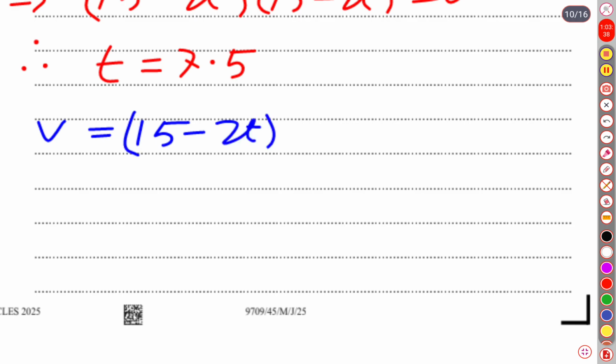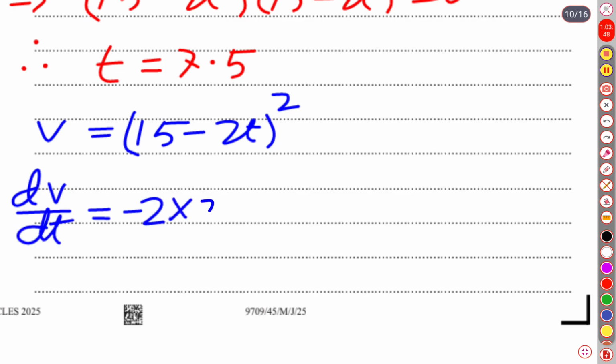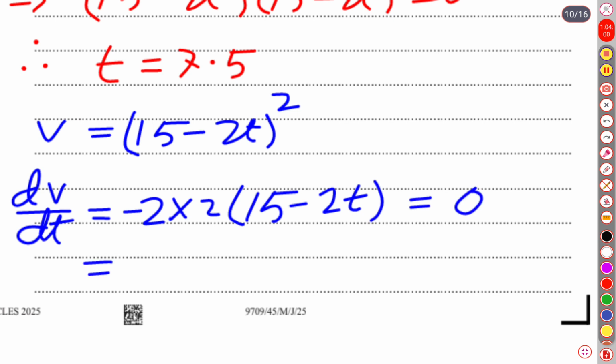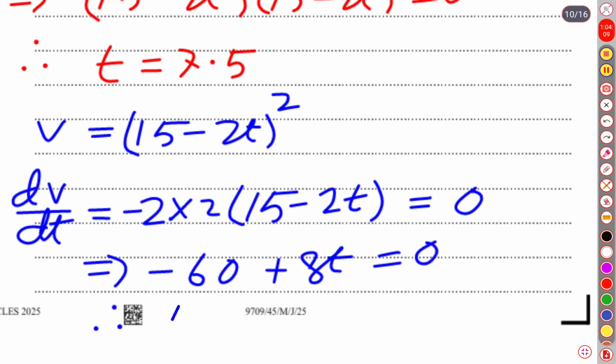Then for acceleration we will find the derivative of velocity. dv over dt is going to be 2 and minus again 2, it is (15 minus 2t), and it's equal to 0. Or negative 4 15s are 60, negative 60, then plus 8t is equal to 0. Hence our t is same, it is 7.5.